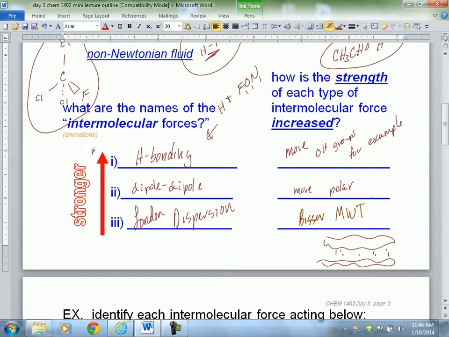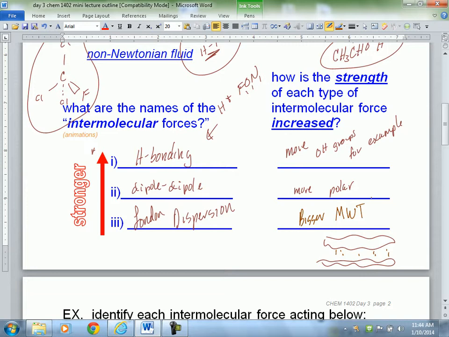It's going to take a lot of energy to kick them out into the gaseous phase. Which type of intermolecular force would give you the highest surface tension? H bonding again, because you want really stiff bonds, so it's not going to stretch very well.